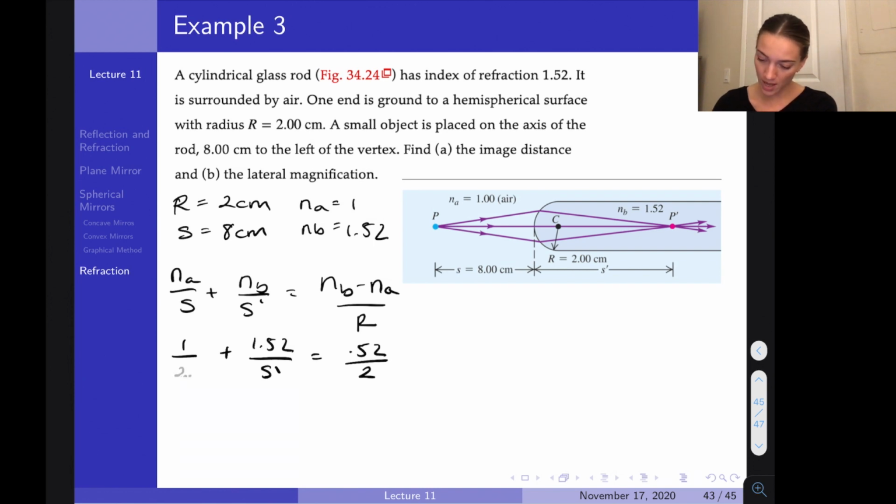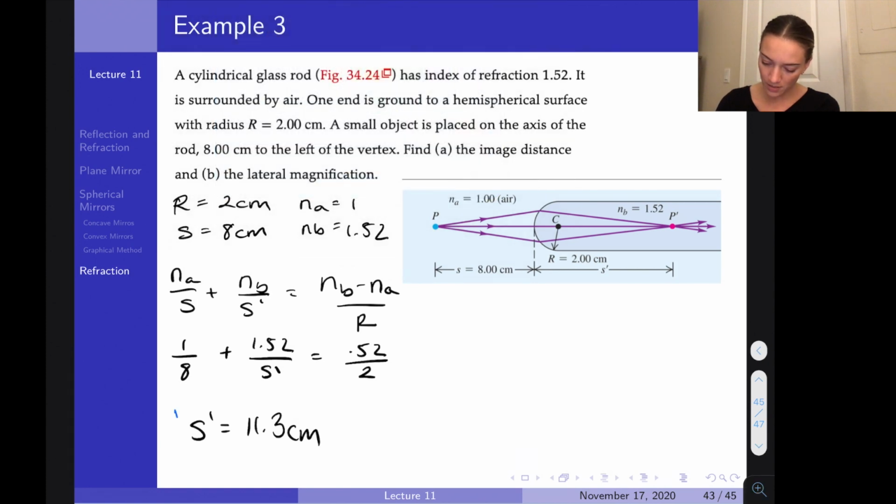This was 8 centimeters, the object distance. Everything here is in centimeters, so we don't have to worry about units. Now we just have to solve for S prime. Again, you just go through some algebra. I'll put the details in the full notes when I post them. So go through and solve for S prime. And when we do that, we get 11.3 centimeters.